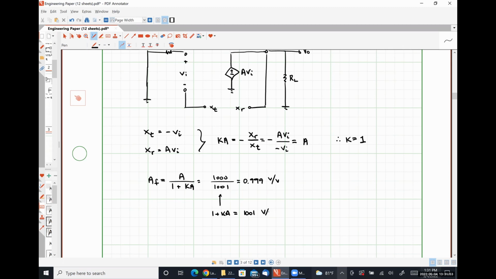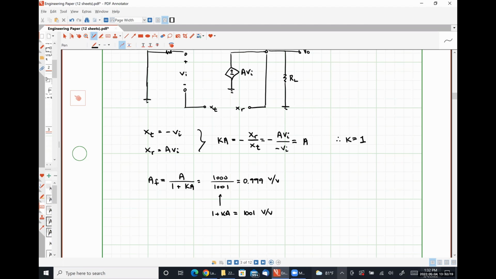I'm going to express it in volts per volt, but it should be dimensionless. I'm using volts per volt at this point because we know that our open loop gain A is measured in volts per volt. All right, so that's how we apply this to something reasonably familiar.